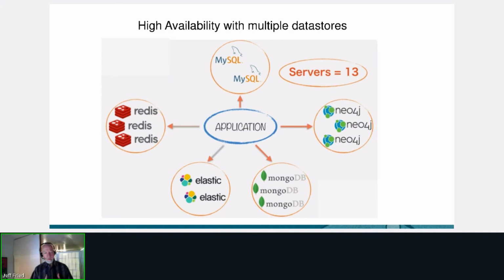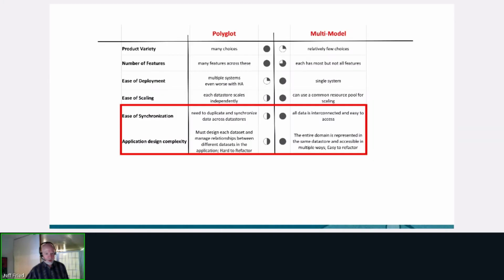So both when it comes to scaling for load and scaling for HA and disaster recovery, you take the complexity of 5 moving parts, and that compounds. In this case, it takes 13 instances to provide a high availability store in this particular application.